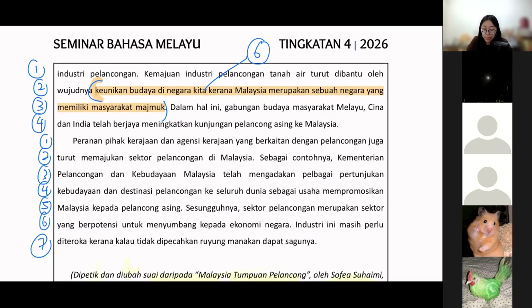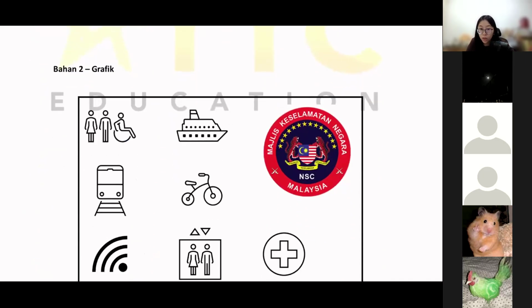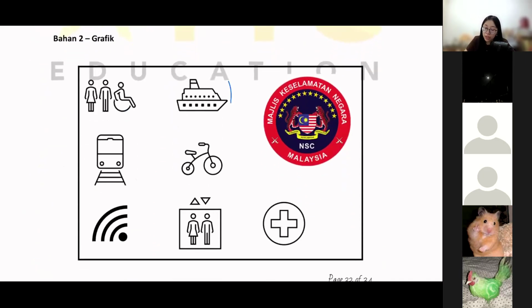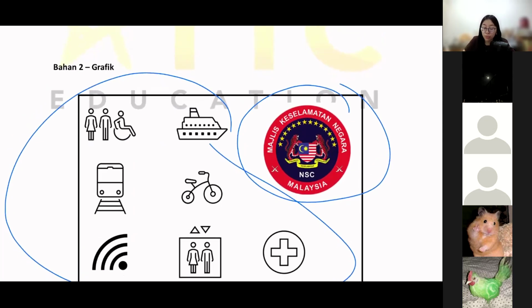Then you see the next paragraph. They're telling you the government and also the agency turut memajukan, but they didn't specify what they do. So this one you don't take. You just take the characters here. Don't take the contoh. And then you need to combine with your bahan dua. This one is a bit tricky because they only give you pictures. So when you think about Majlis Keselamatan Negara, what do you think they can do?